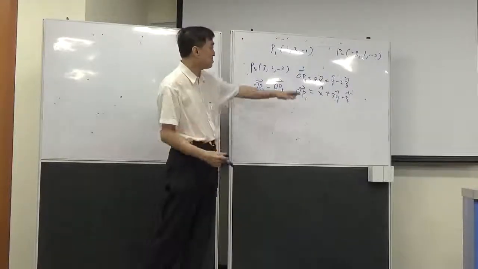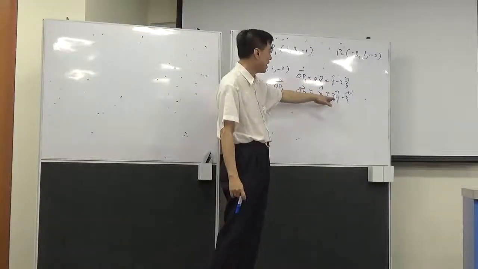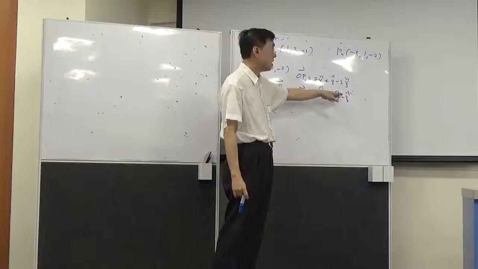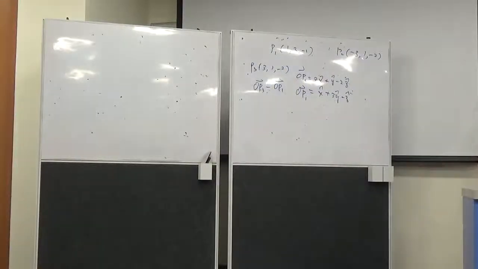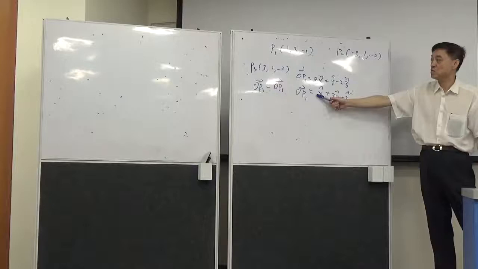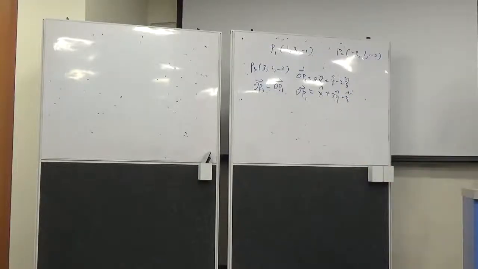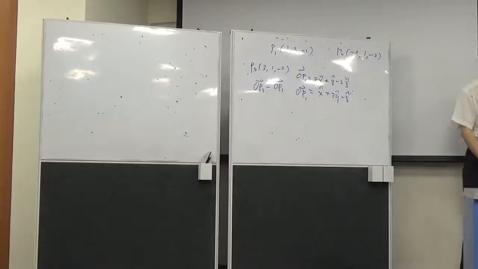So OP3 minus OP1 is what? 2x minus 2y minus z. Alright. This minus this: 3 minus 1 is 2. 1 minus 3 is minus 2. Minus 2 minus 1 is minus 1. So 2x minus 2y minus z.